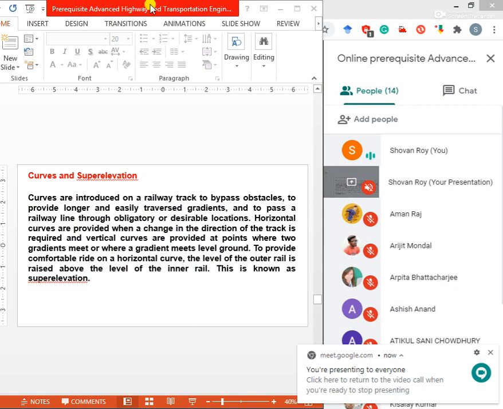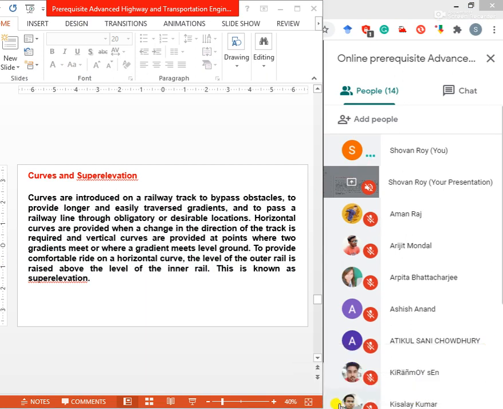After the gradients, we have these curves, super elevation, and lots of things which normally exist in geometric design. In our railway engineering, as you just heard, the curves are introduced on railway track to bypass obstacles.